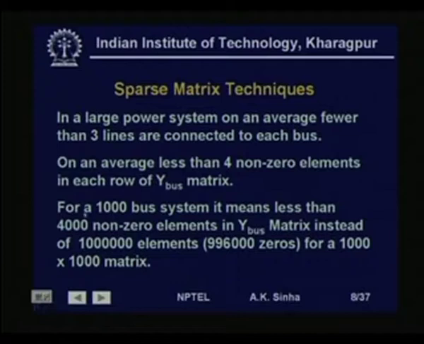That is, if we take a 1000 bus system, then we have only less than 4000 non-zero elements in the Y bus matrix, instead of 1000 into 1000 elements.